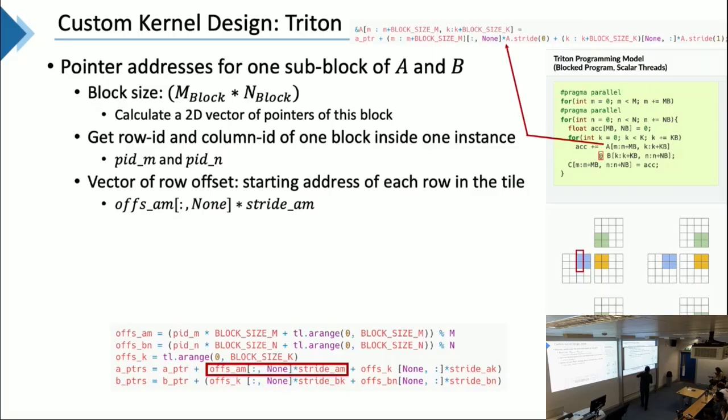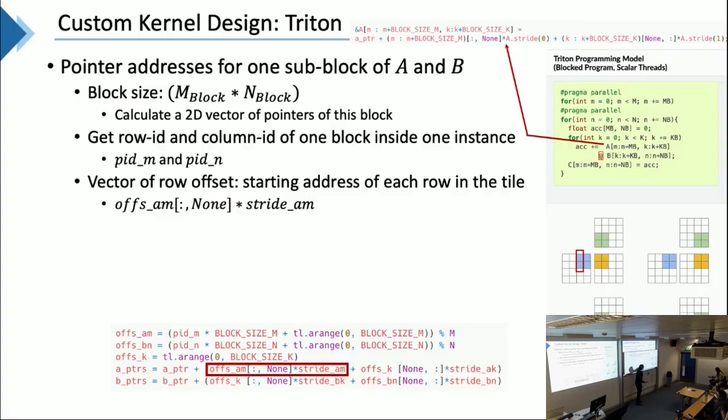For example, if you want to use this PID number to access the corresponding data or block in A and B, as you can see, we first calculate the offset. So offset equals PID m times the block size m. And if you recall what we covered before, we multiply this PID with the block size, which means how many blocks were already before the current block. And we get this offset along the A dimension.